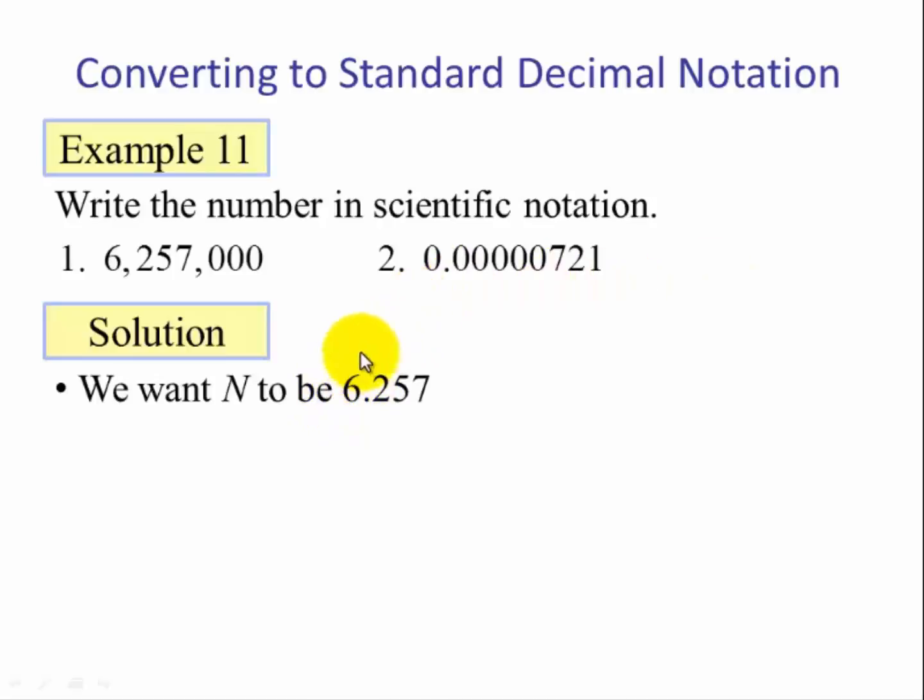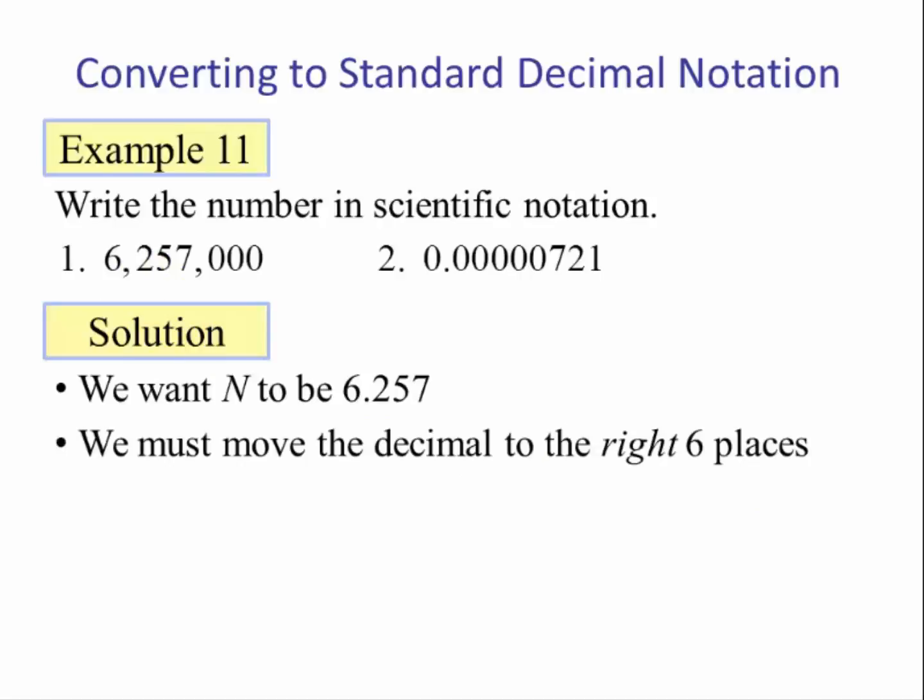Solution. We want n to be 6.257. This first value can be any number except for 0. The decimal place is here, and we want it to the right of the 6. So we need to see how many places we need to move the decimal point, and that number will be our power of 10.